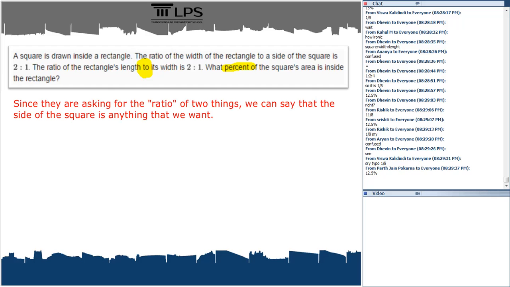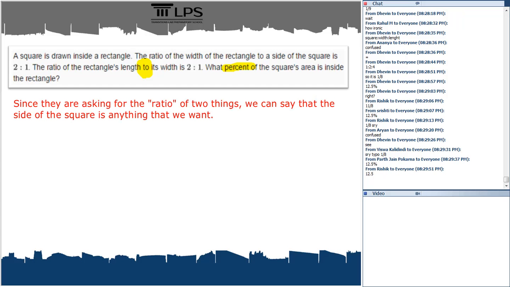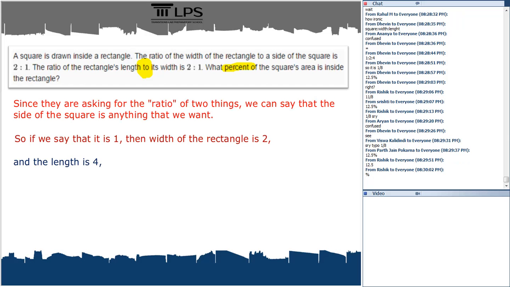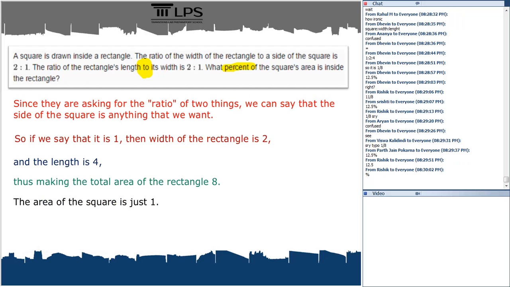Since they are asking for the ratio of two things, we can say that the size of the square is anything that we want. So if we say that it is 1, then the width of the rectangle is going to be 2 and the length is 4, thus making the total area of the rectangle 8.